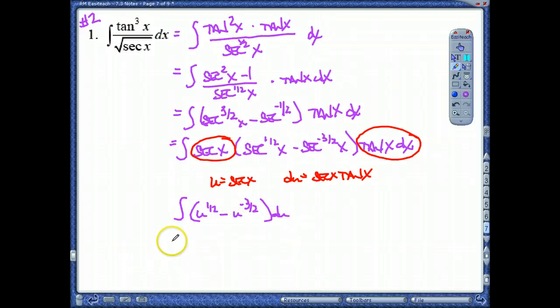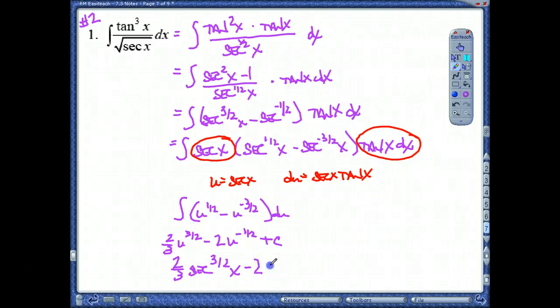So when I integrate, I get 2/3 u to the 3/2 minus 2u to the negative 1/2 plus c, and then rewrite 2/3 secant to the 3/2 x minus 2 secant to the negative 1/2 x plus c.